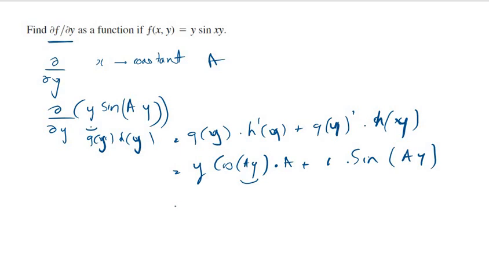So next thing we do is substitute x back into the equation. So we say y cos xy times x plus sine xy. That's the answer.